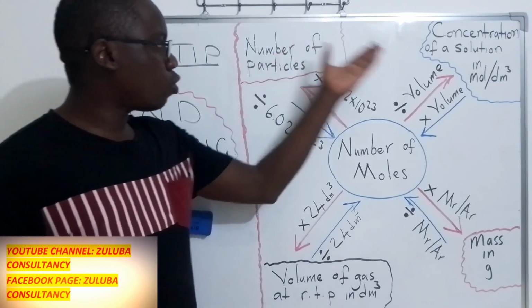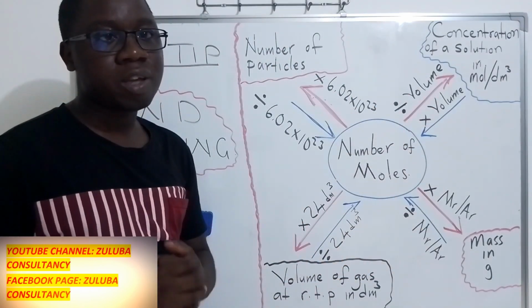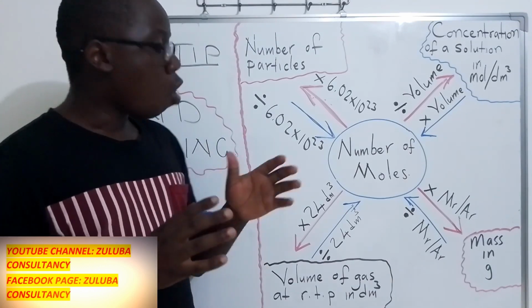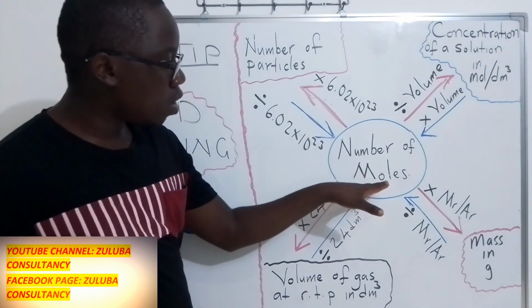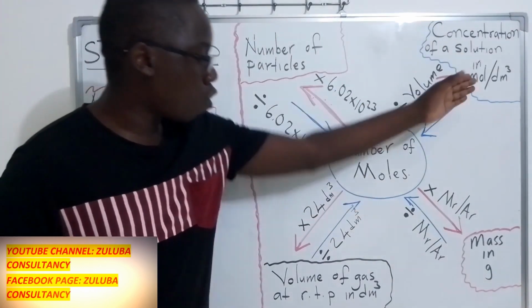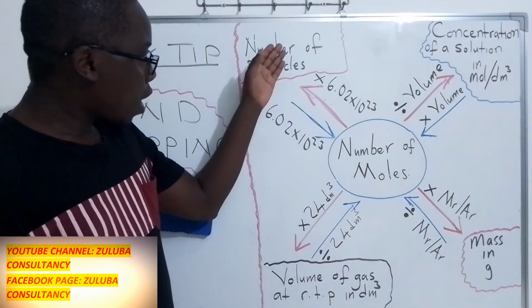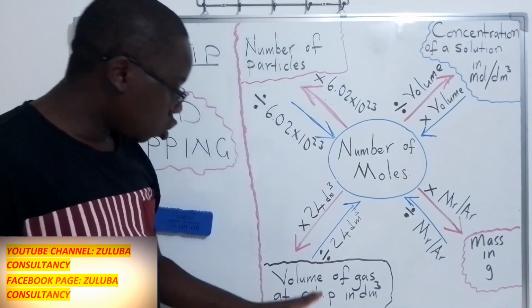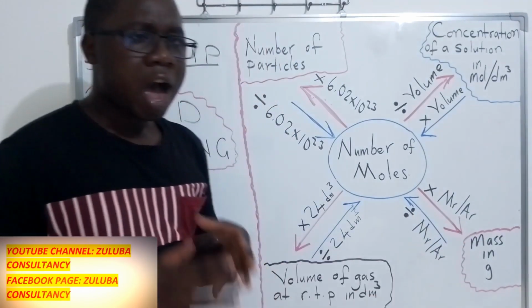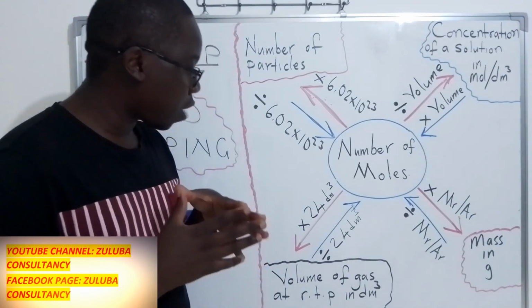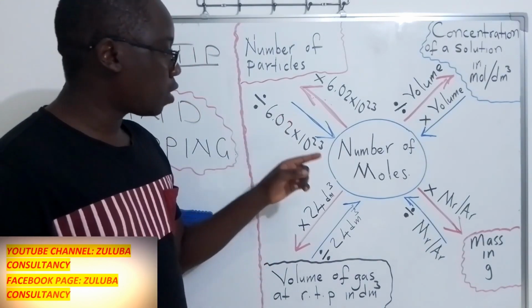So let's go back to the example we have here. Are you able to identify the pattern of how you can come from number of moles to the 4 objectives? When you look at these 3, 1, 2, 3, have you seen that there is a pattern that can be identified? What is the pattern?